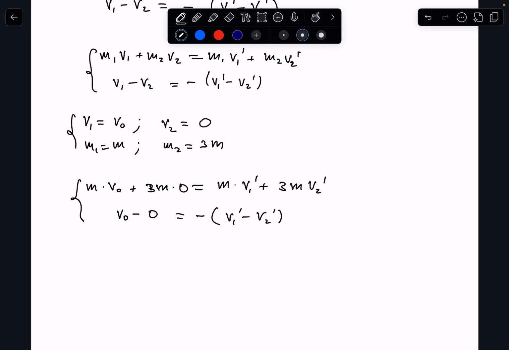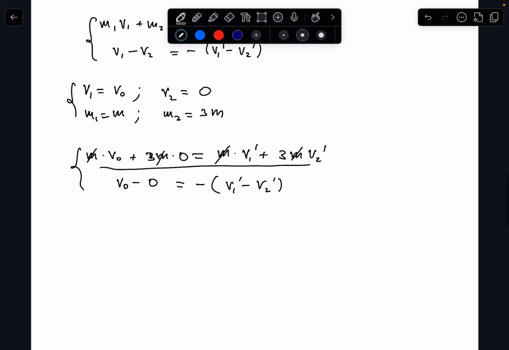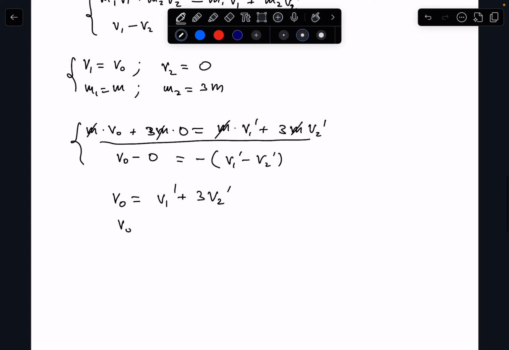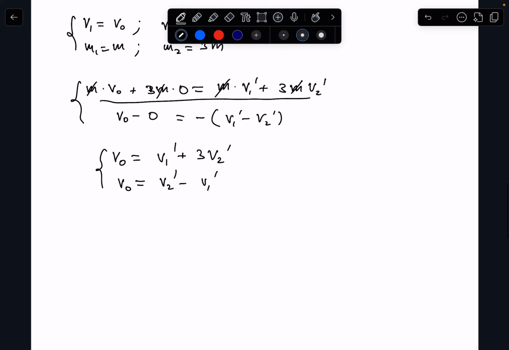Now these have the same coefficient in front of each term, so we can cancel the m's, and then we will have v0 equals v1 prime plus 3 v2 prime, and v0 equals v2 prime minus v1 prime.